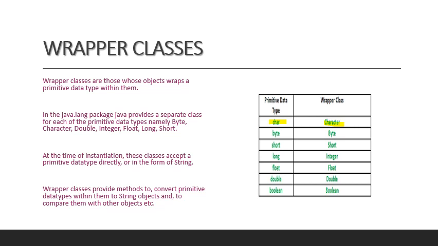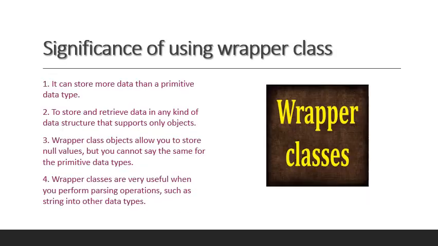Wrapper classes provide methods to convert the primitive data type within them to string objects and to compare them with other objects. Okay. Next, what is the significance of using wrapper classes? Why do we switch to the wrapper classes? Because they can store more data than a primitive data type, to store and retrieve data in any kind of data structure that supports only objects.